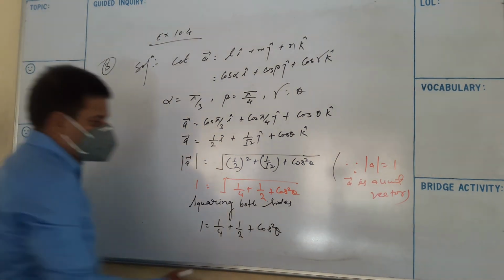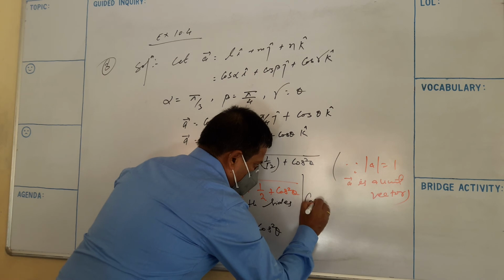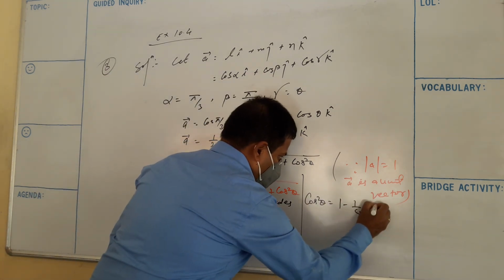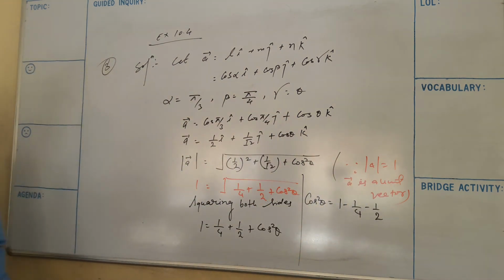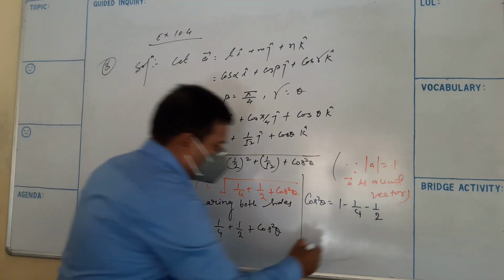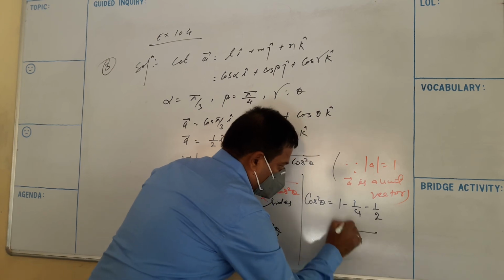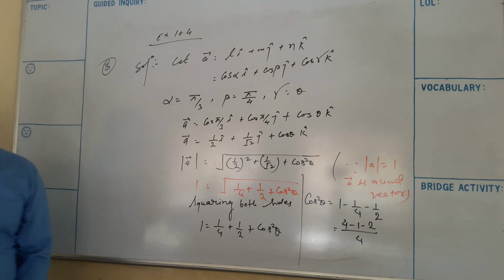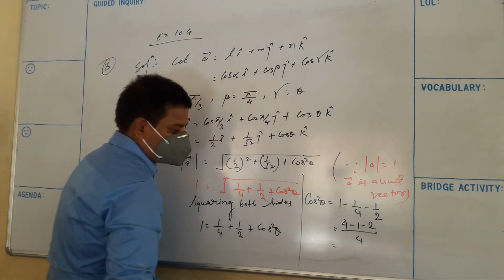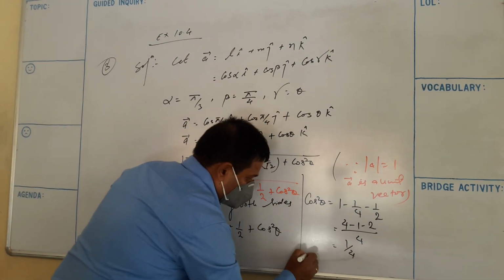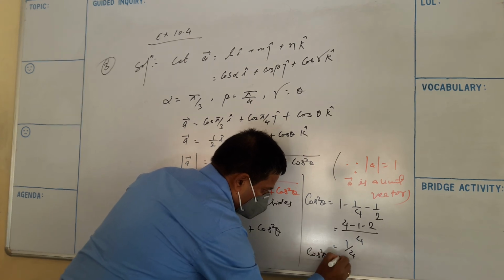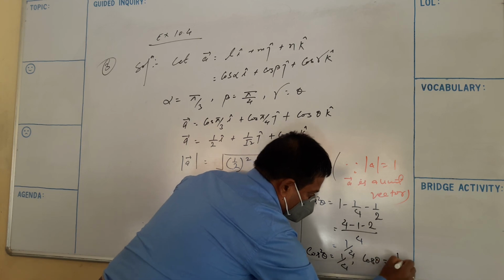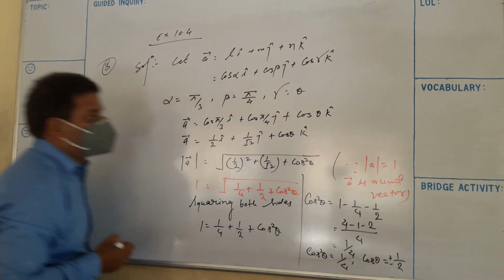Clear? So cos square theta is equal to 1 minus 1 by 4 minus 1 by 2. So LCM how much? 4. So 4 minus 1 minus 2. Clear? So how much is coming? 1 by 4. So cos square theta is equal to 1 by 4. So cos theta is equal to how much? Plus minus 1 by 2.